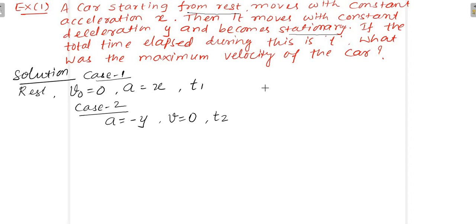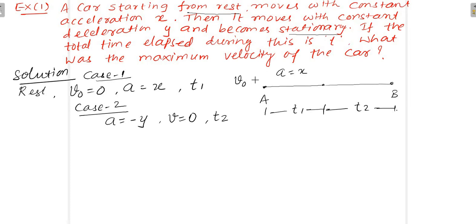So the object was over here, suppose at point A, and then it has reached point B. This is where speed increased with acceleration equal to x, and this much is, suppose, time t1, and here is time t2, where v0 is equal to 0. Obviously when it was accelerating, at this point it stopped accelerating and then started decelerating.